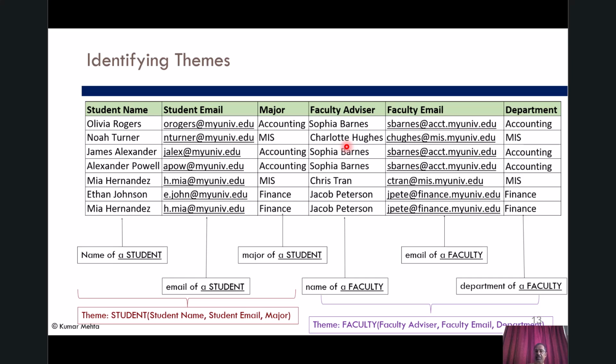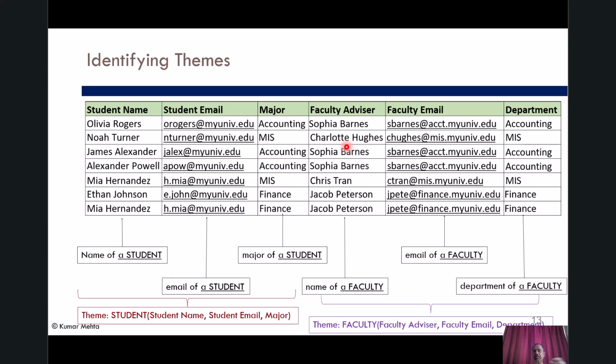Similarly, you could have an advisor, a faculty member who's qualified to be an advisor, who hasn't had any student advisee assigned to them as yet. So you need to know something about the domain, the particular situation for which the database is being constructed, in addition to having access to the information that's there in the list, in order to identify the themes.